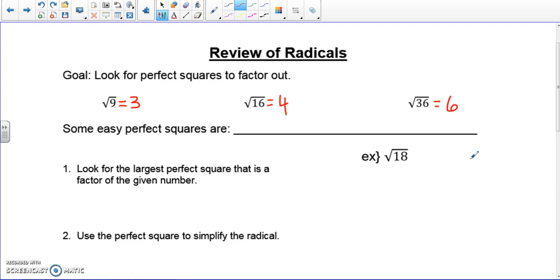So what I would always recommend when you're doing a question like this is to jot down all the perfect squares that you know, whether it's kind of along the side of your paper this way. Here I gave you a line to work on.